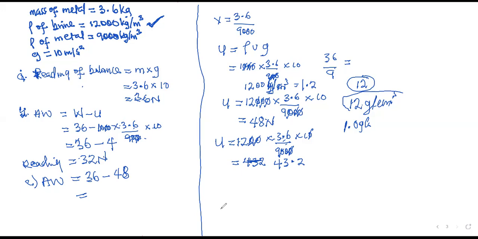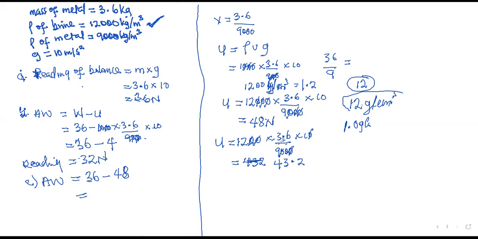Sir, please, if you convert the fraction to decimal before you multiply, you get 4.8. No, you see, we changed the density from 12,000 to 1,200. So 1,200 times the volume of the object, which is its mass divided by the density times acceleration due to gravity. So when you do that, you have 12 times 36.